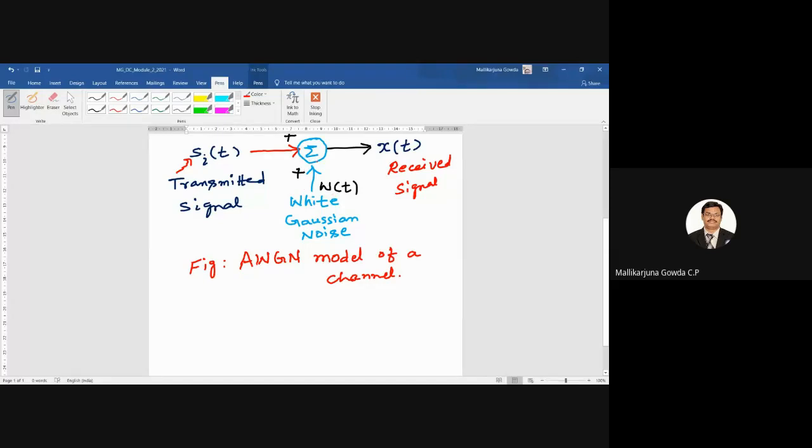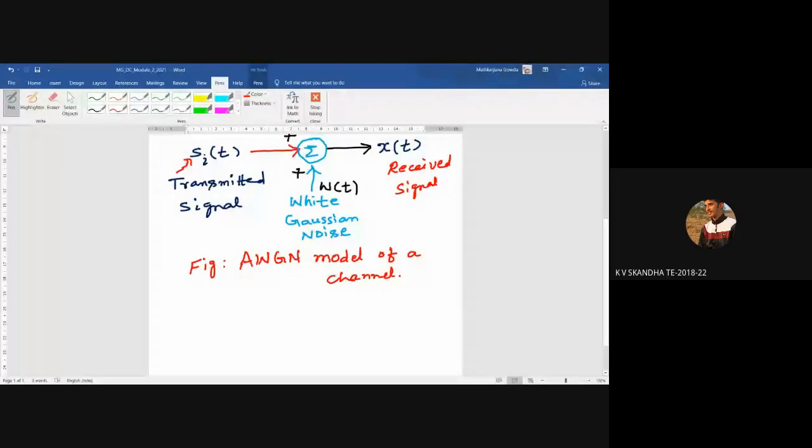So output of that channel will be the received signal, which I denoted by a letter X of t. Hope I am clear. How do I write the model of a channel? That is the additive white Gaussian noise model. Is it clear?